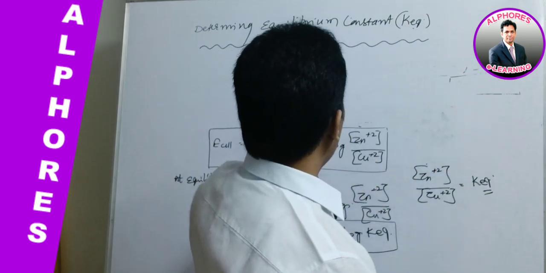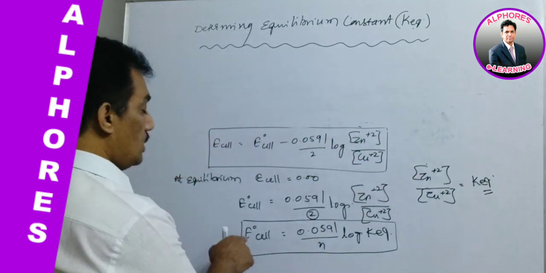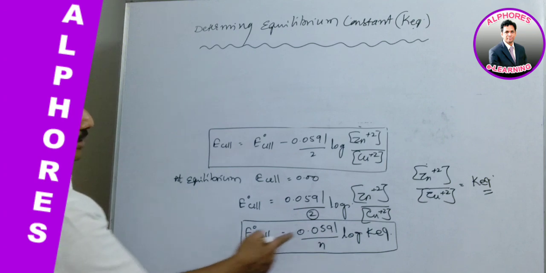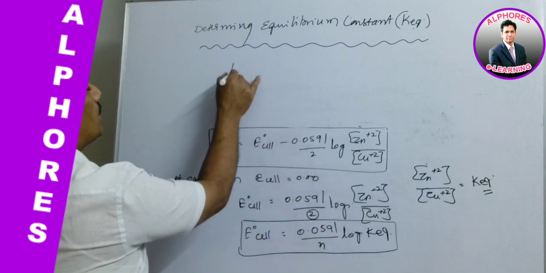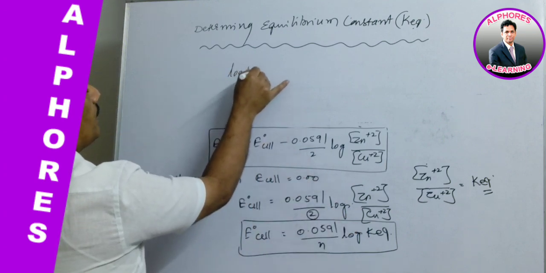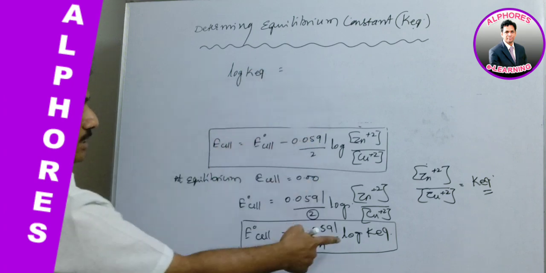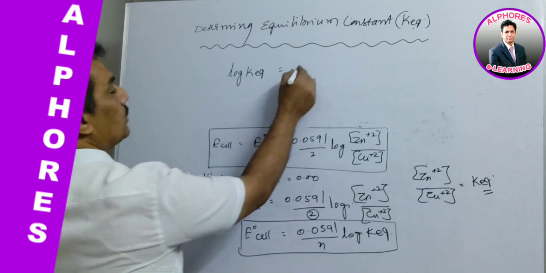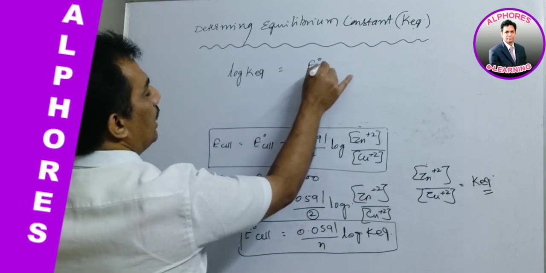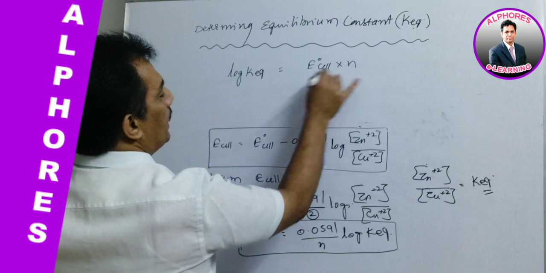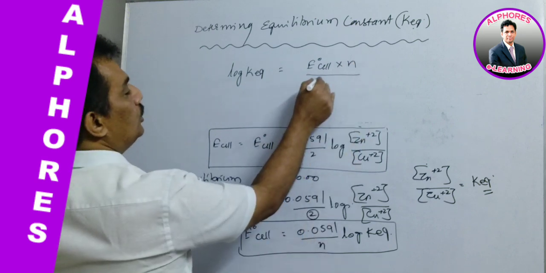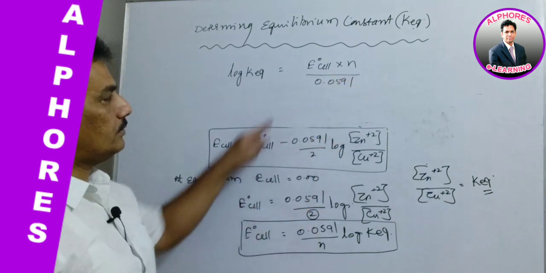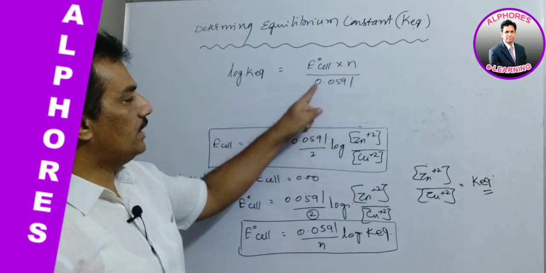When we are considering E naught cell, E cell becomes 0, thereby E naught cell appears like this. And log K equilibrium is equal to, this N comes over, E naught cell into N by 0.0591.